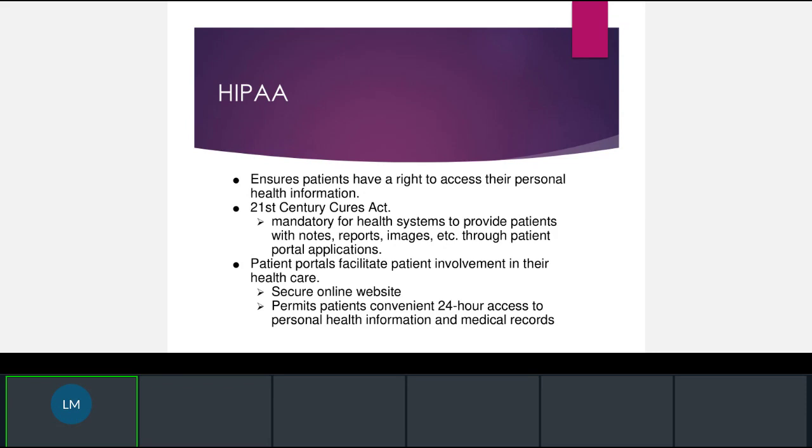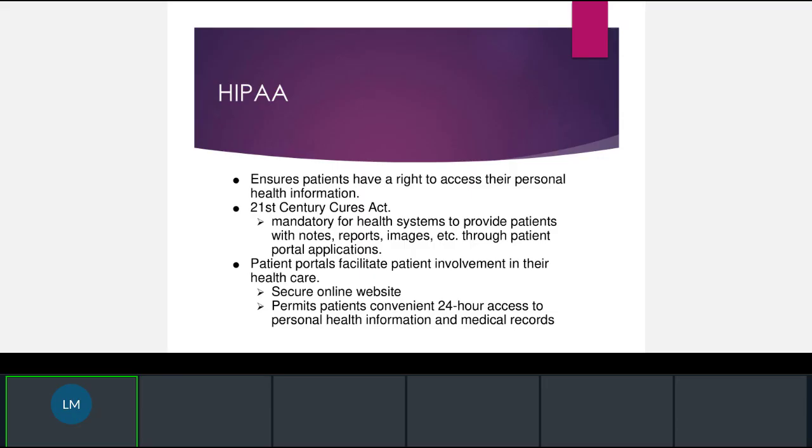They do mention, I'm going to go back to the Century Cures Act, but with the patient portal, this is what I wanted to make sure you see. With the patient portals, it facilitates the patient's involvement in their own healthcare. When they have access to that portal, they have a vested part in their actual treatment.